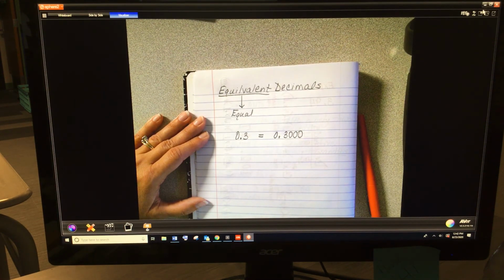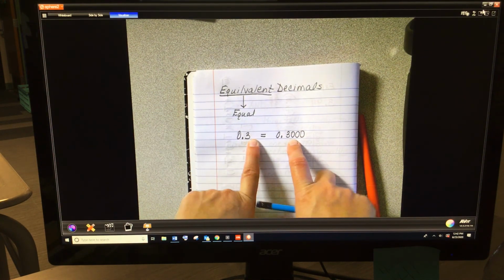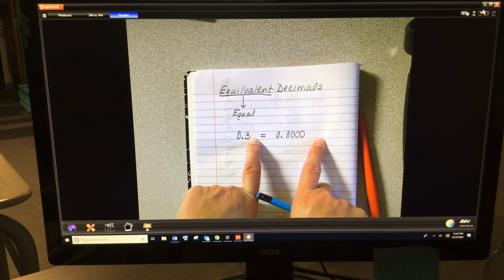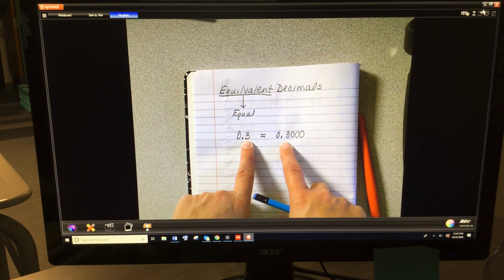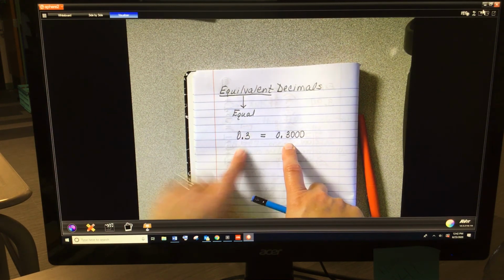Okay? Adding zeros at the end of a decimal, and that's all there is. Notice there's no other value. We can put as many zeros as we want to, or take them away, and it's still an equivalent decimal. Okay?